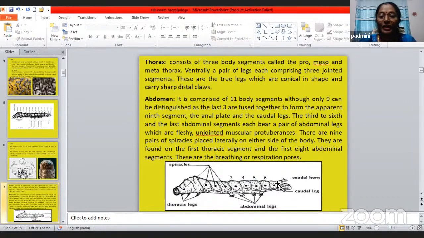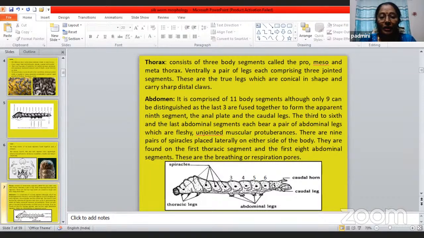So they are made up of 11 segments, that is, the 9th can be distinguished as 3 that are fused. For example, you have 3 segments at the thoracic region, then the rest is the abdominal segments, that is the 9 segments, but they are not 9. The 9th one is fused with 3 segments inside. So that is the abdomen.